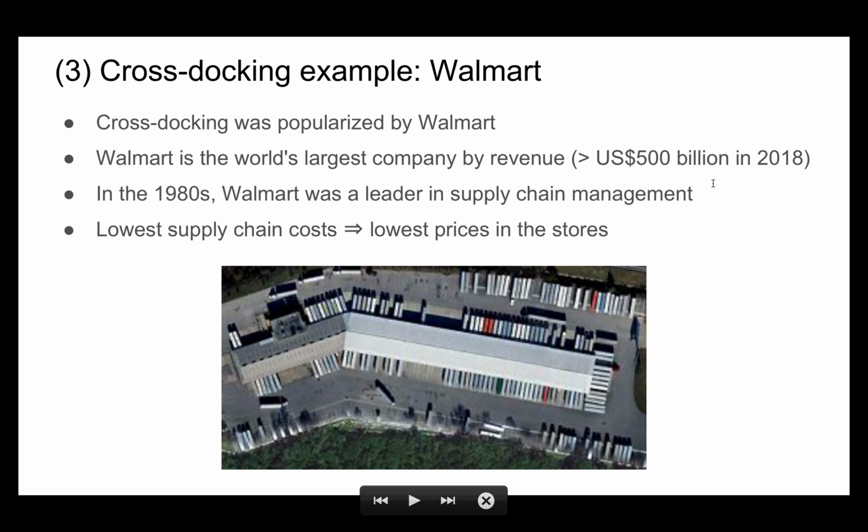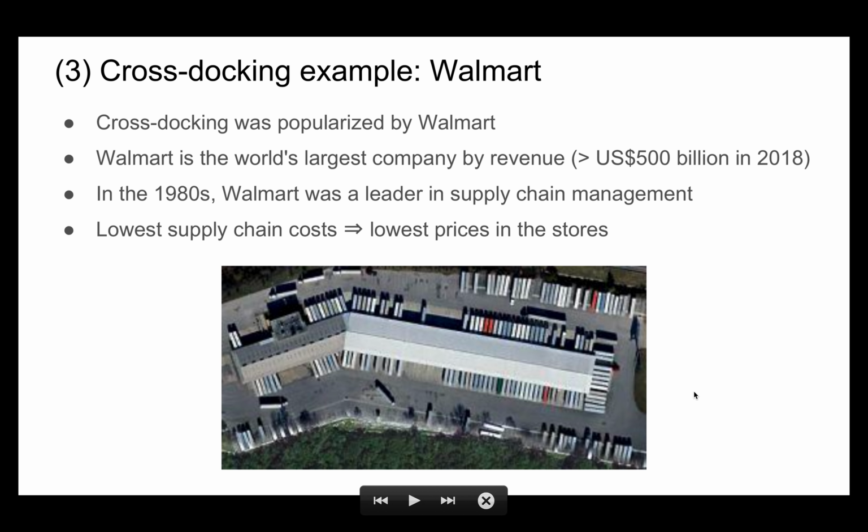In the 80s and 90s, Walmart was a leader in supply chain management, and one of the key factors was the use of cross-docking. By having the lowest supply chain costs in the business, they were able to also have the lowest price in the stores.